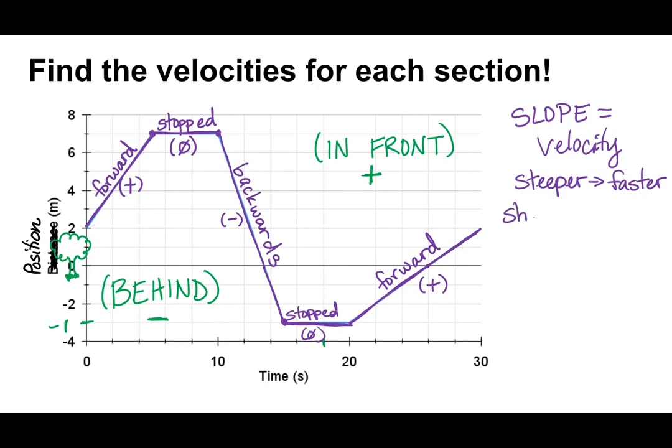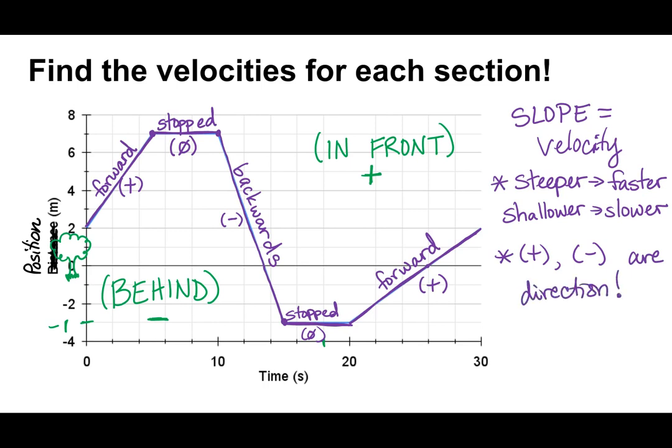And the shallower means the slower the value. This whole faster and slower is entirely about the number, not about if it's positive or negative. The positive and negative are the directions. Nothing to do with the value itself.